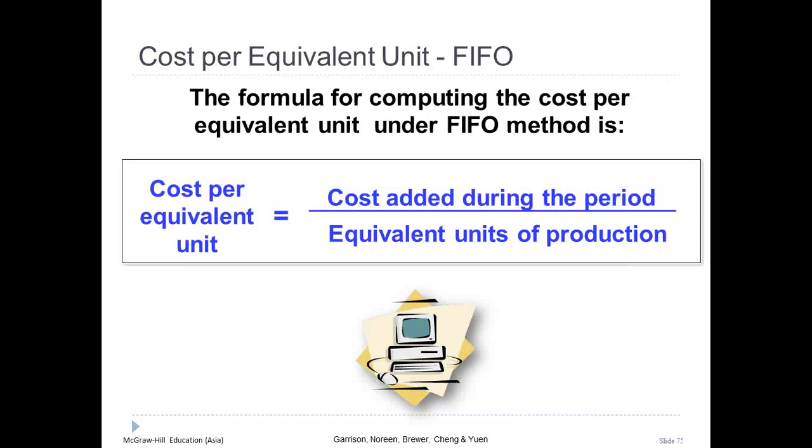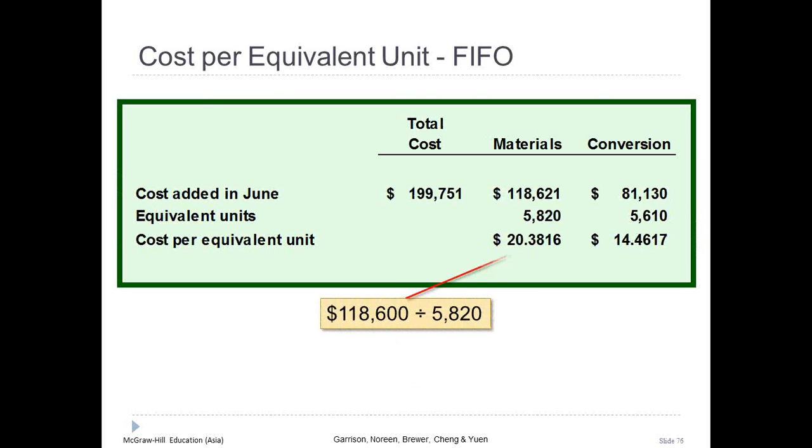We calculate the cost per equivalent unit by dividing costs added during the period by the equivalent units we previously calculated. We begin by gathering information concerning the total costs incurred during June for materials and conversion.